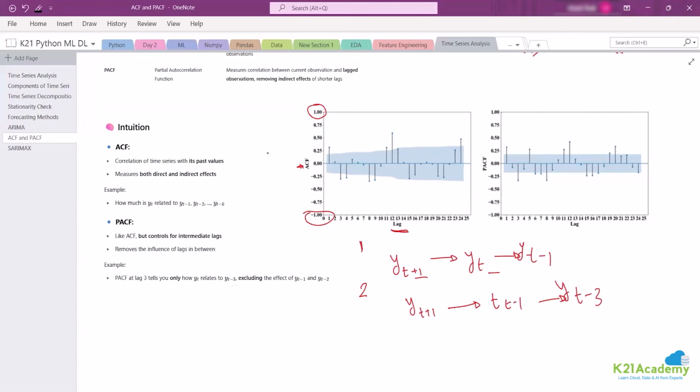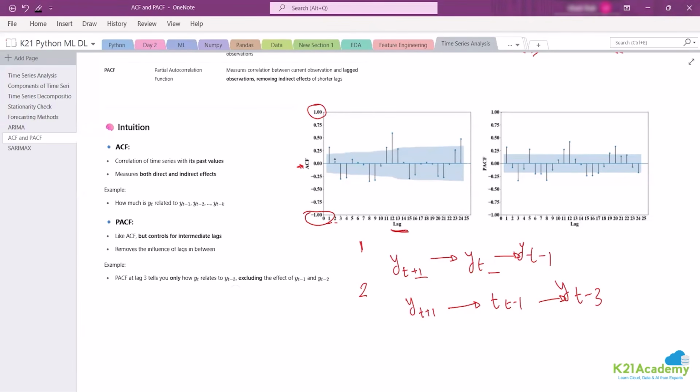In this way we use the lag. For lag 1, lag 2, lag 3, up to however many lags we decide, this is the hyperparameter that we use to plot the ACF and PACF plots.